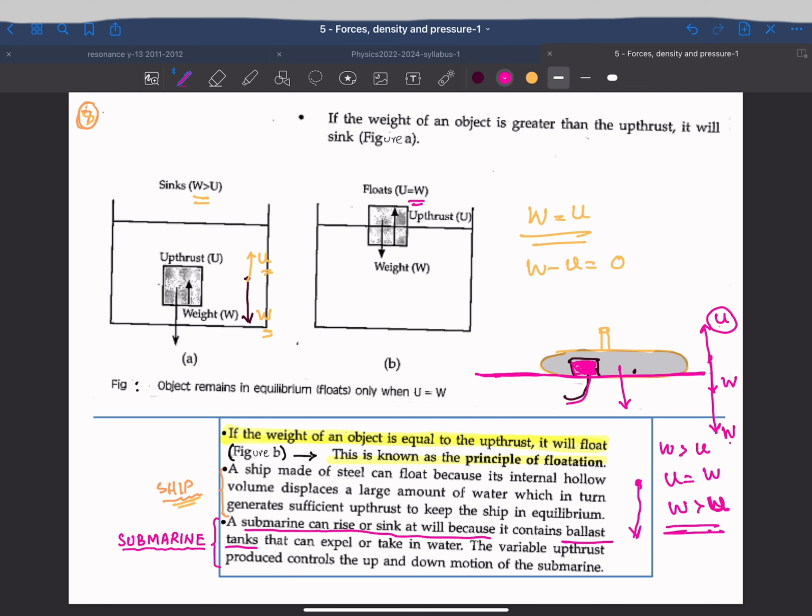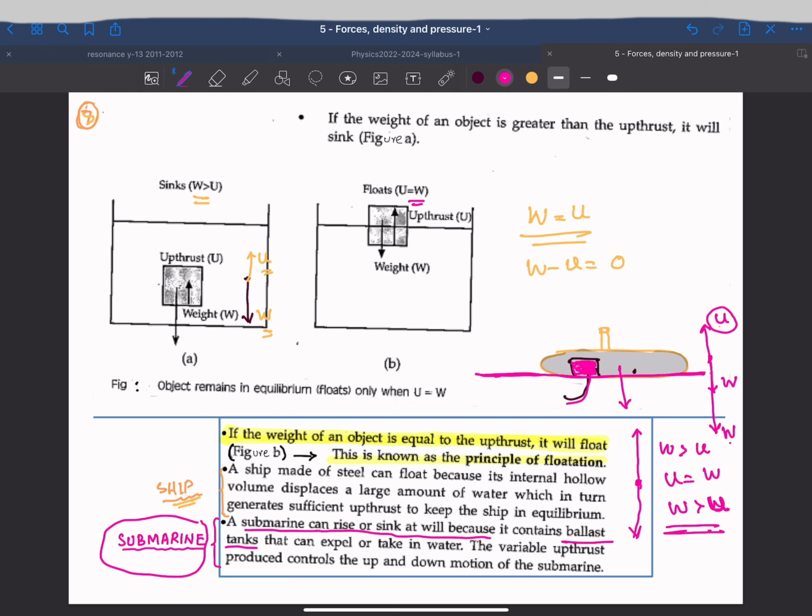Upthrust is acting constantly, so it will rise towards the surface of the river or the sea, whatever is the case. So this is what we have in case of your submarine. I hope it's clear. This is something very important as far as the upthrust is concerned. As I said, we will see how we can explain this with the help of some animations.